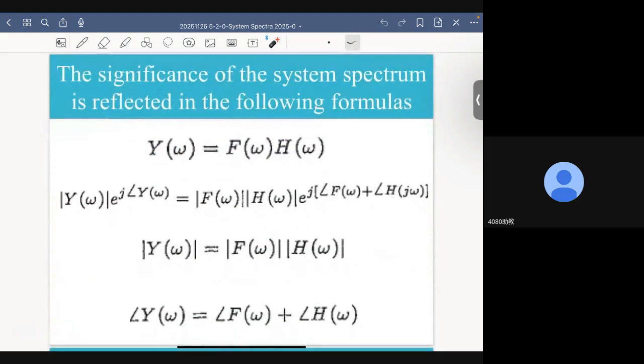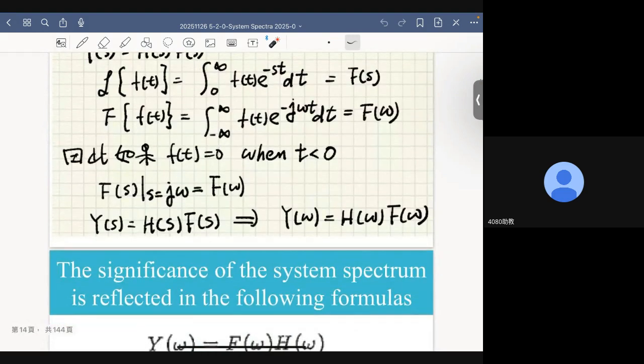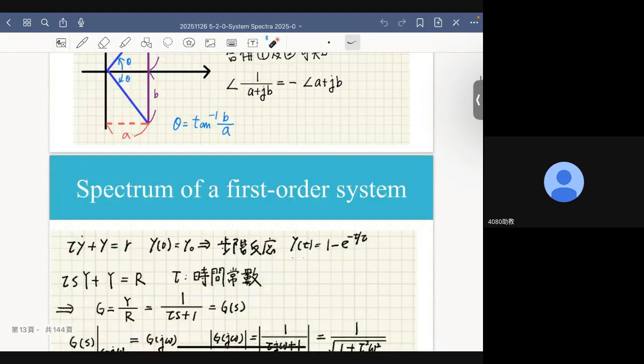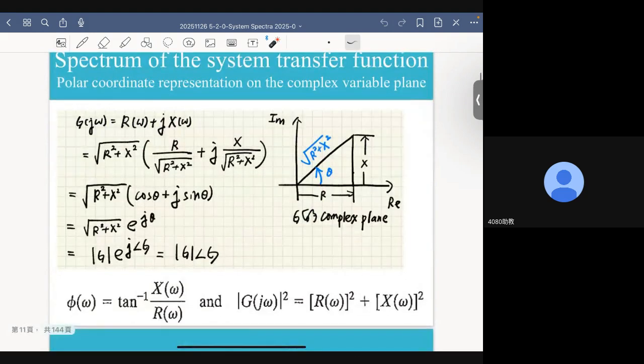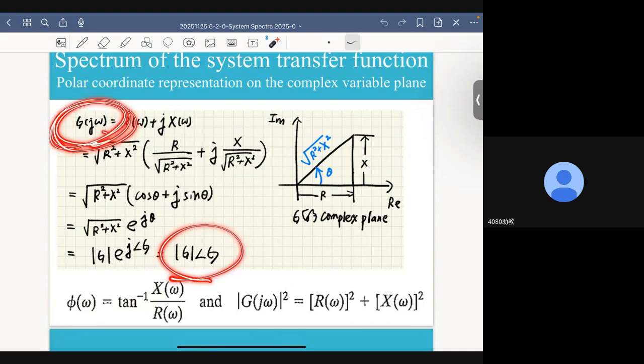Now, one of the most important results we just saw is this equality. And I also told you that for any transfer function or any result of the Fourier transform, I can represent it as this or this.